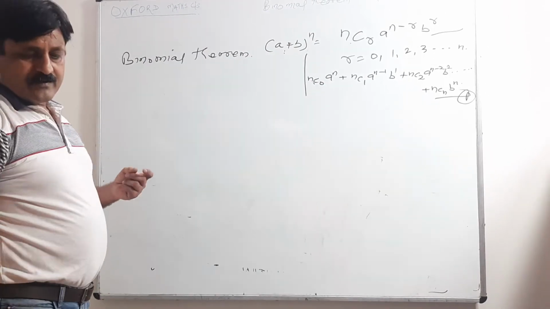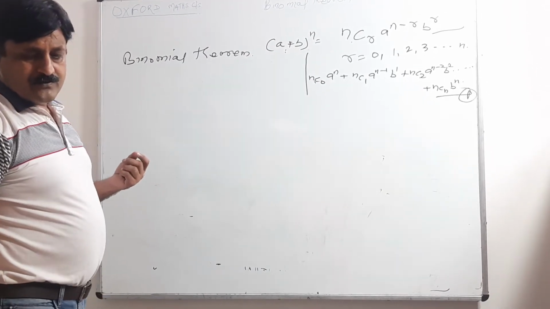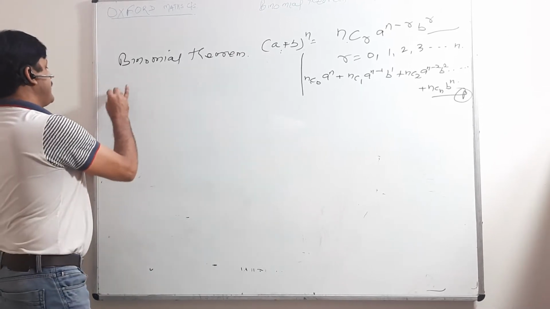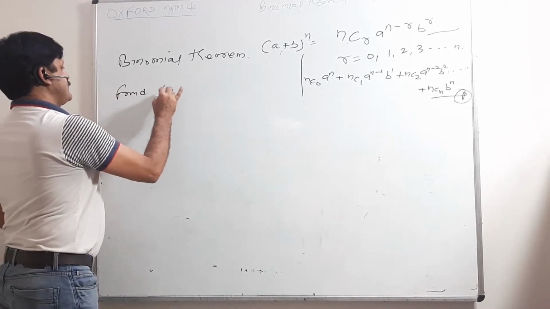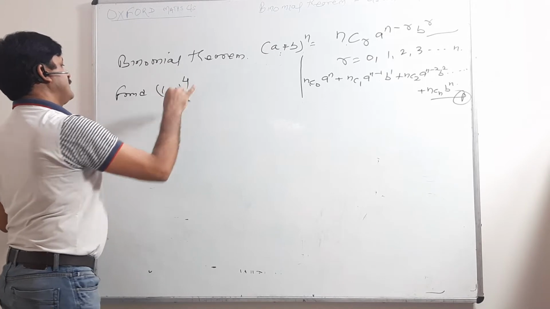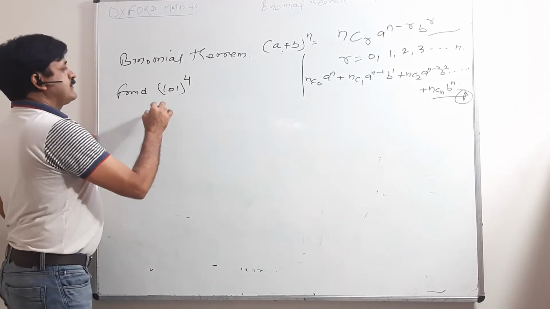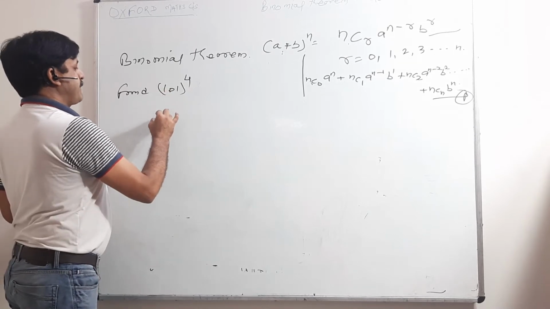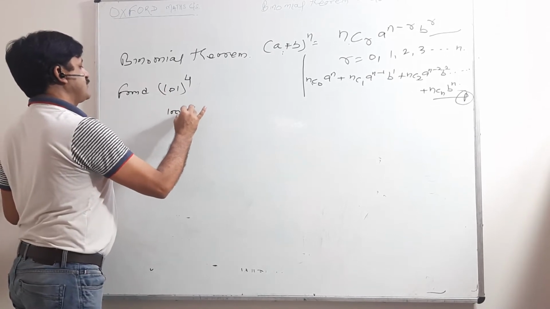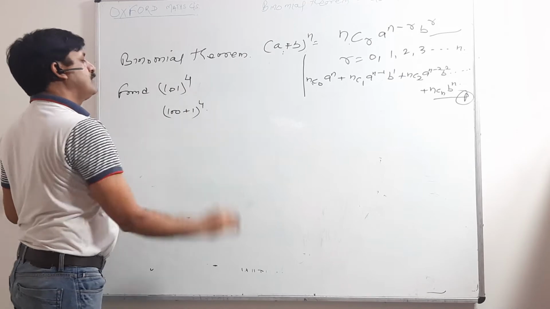Find the value of 101 whole power 4. Find 101 whole power 4 by using the binomial theorem. We can expand like 100 plus 1 whole power 4.